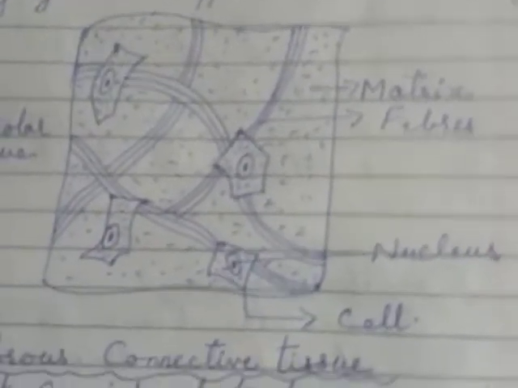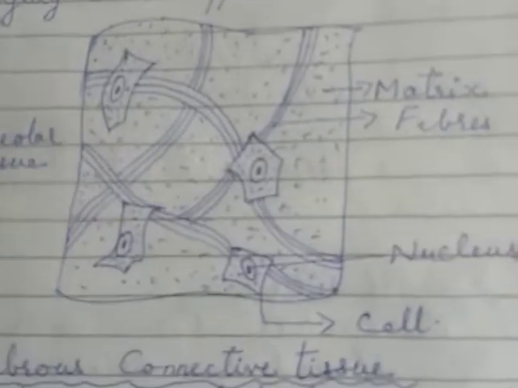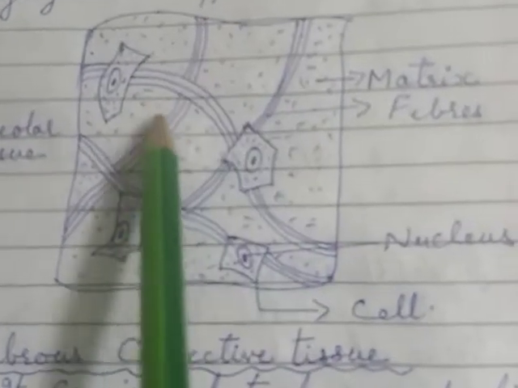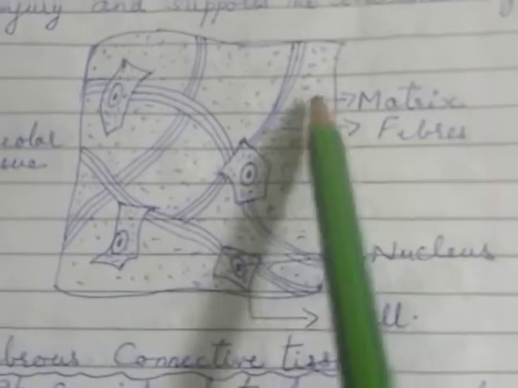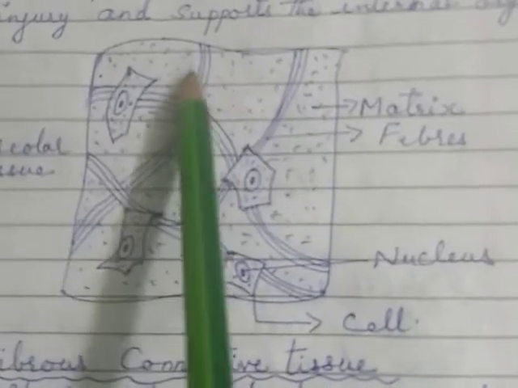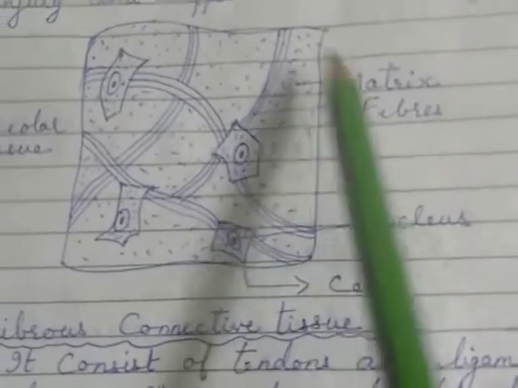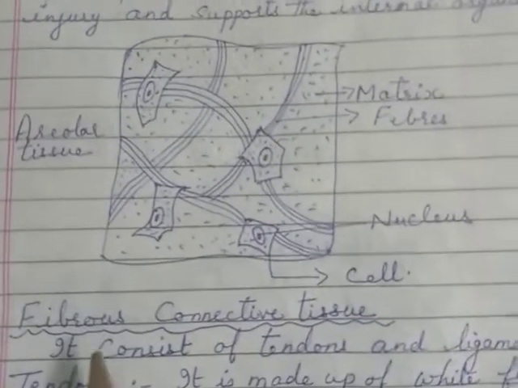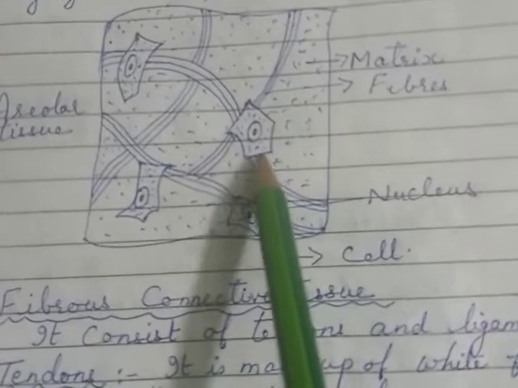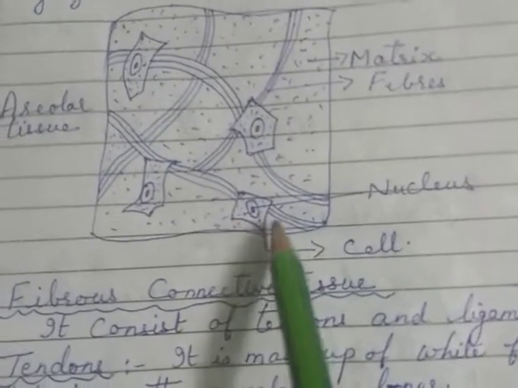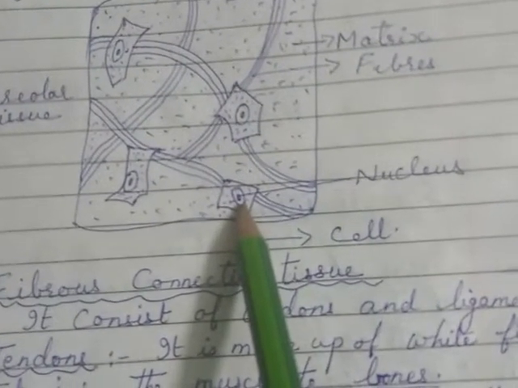You can see here the diagram of an areolar tissue. See, these are the fibers, and you can see the matrix with the dotted part which is present in the tissue. These are the irregular cells, and these irregular cells contain the nucleus.